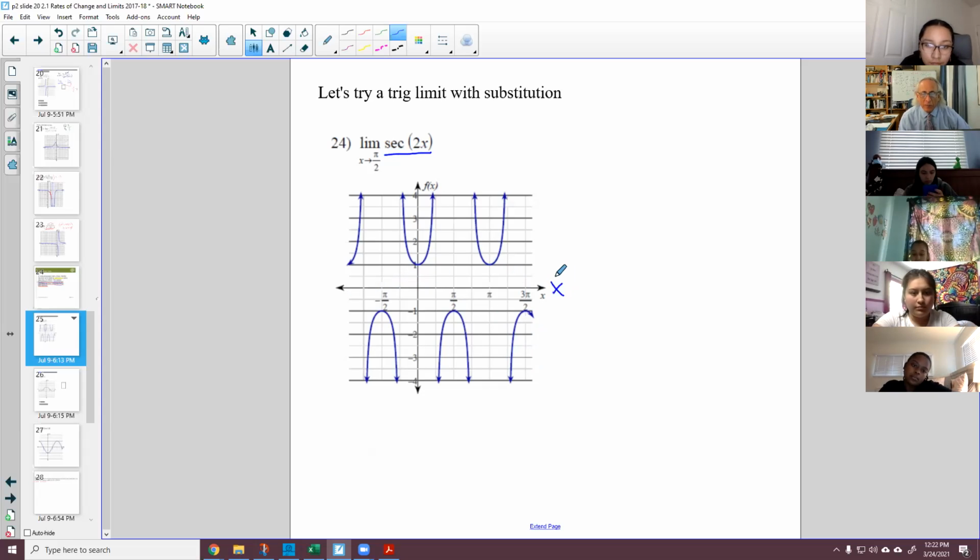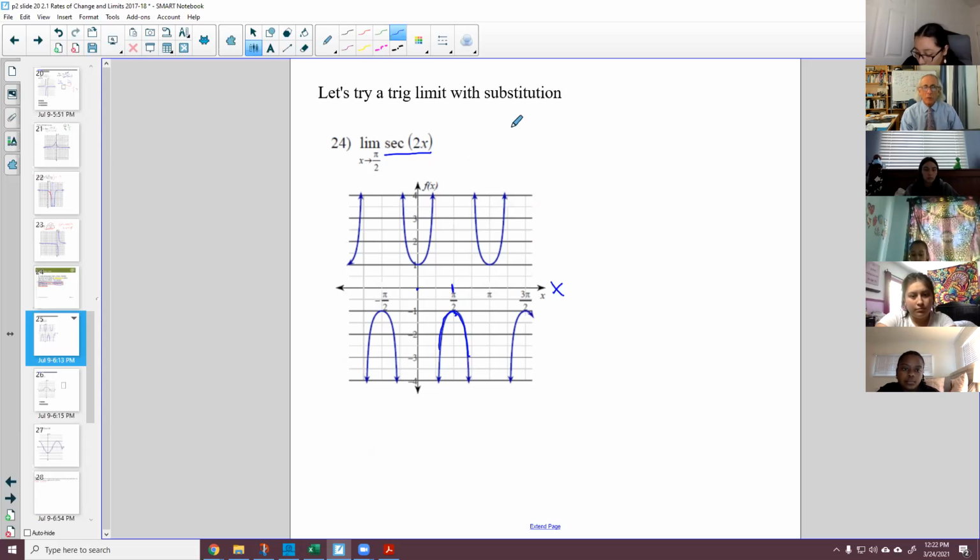I'm going along the x-axis, and I see that at pi over 2, you see it's marked there, my function here is continuous at pi over 2. So I don't really have to worry about it not existing there. I don't have to worry about a hole. I don't have to worry about a vertical asymptote. I can do substitution.